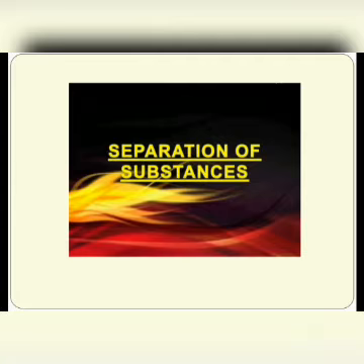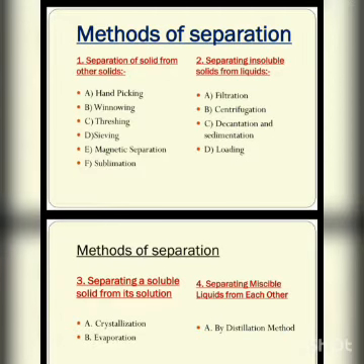The separation of solid from other solid means a mixture of two solids. Suppose a rice and pulse mixture, we have to separate the rice from the pulse. Rice is also a solid and pulse is also a solid. So we can use different methods.